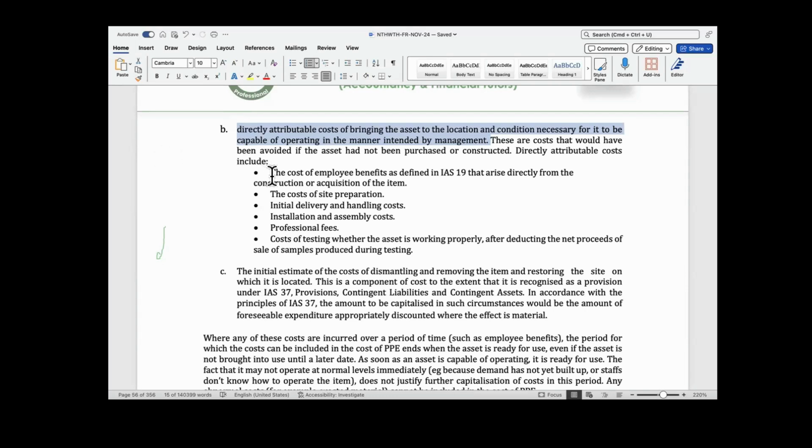Number one is the cost of employee benefits that are directly involved in the construction or acquisition of the item. If there are some staff involved in the acquisition or construction of that PPE, they are directly attributable costs.